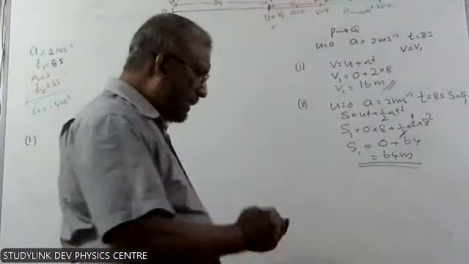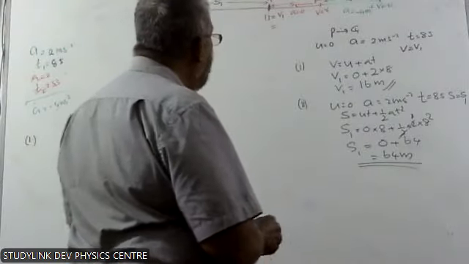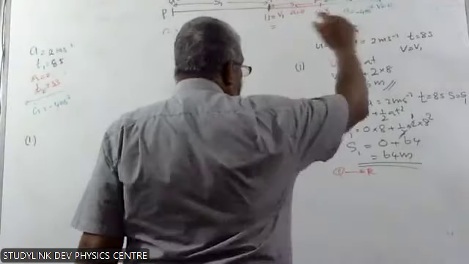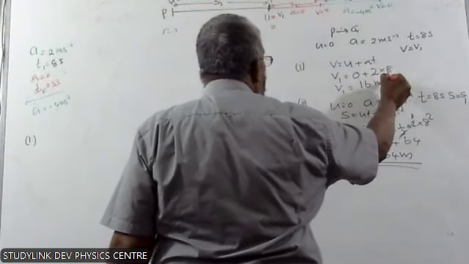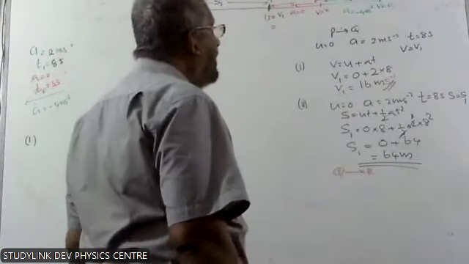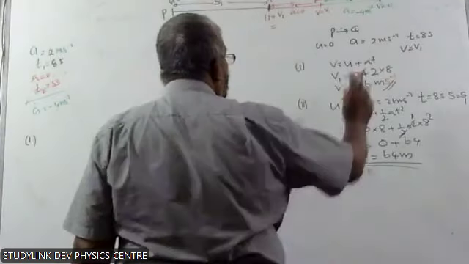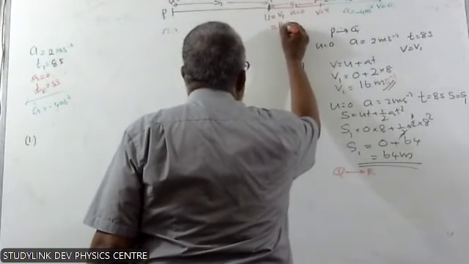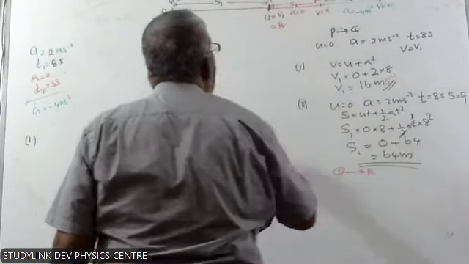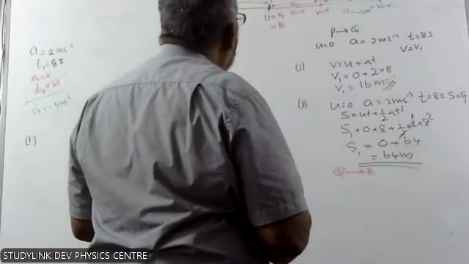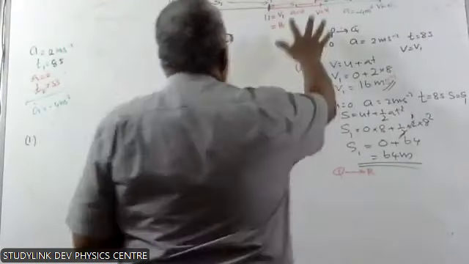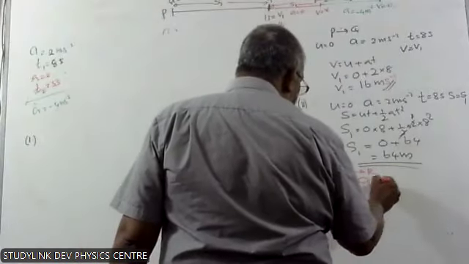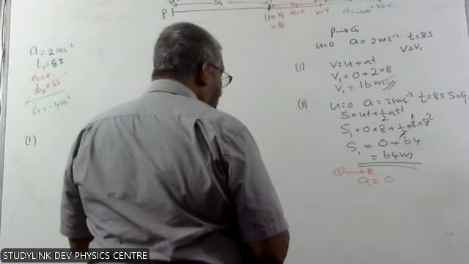Now we'll come to the second journey, that is Q to R. Then Q to R, we found the first one, 16 meters per second there. Then we have to consider this value here, 16. V is equal to V1, no particular duration there. A is equal to 0, no acceleration.